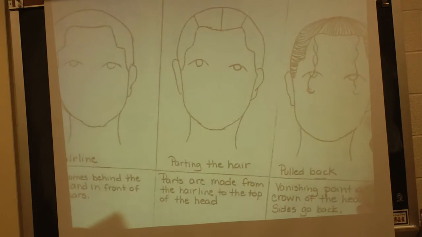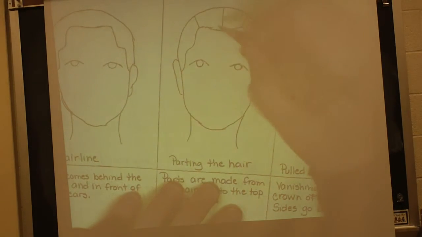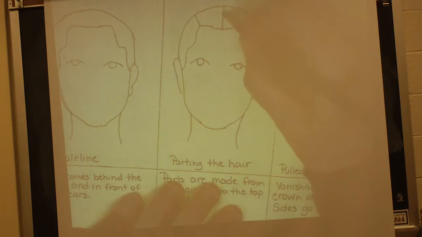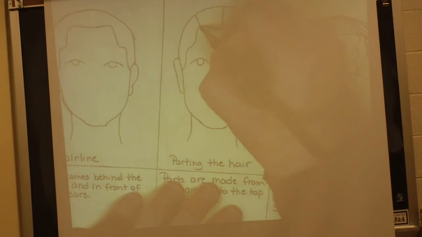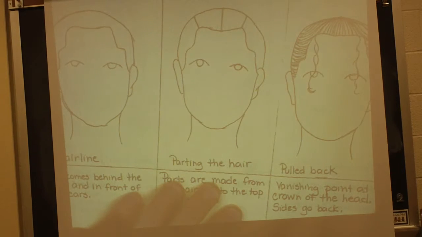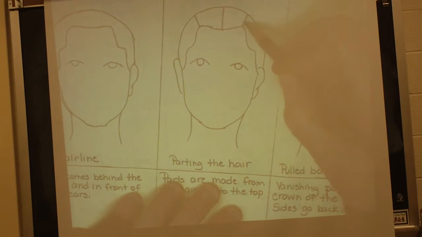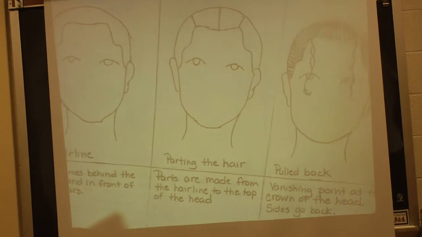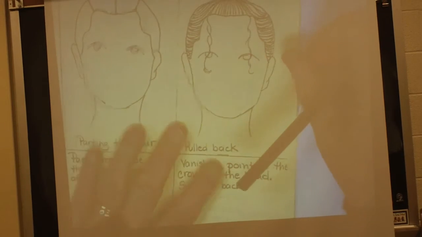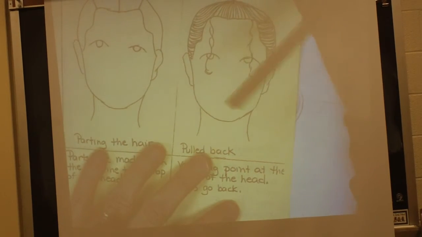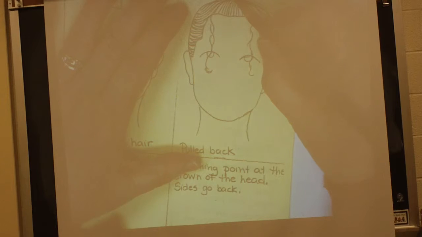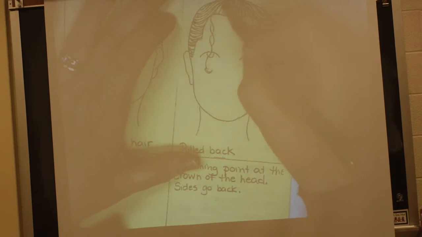If you want to part your hair, a middle part is just a straight up and down line. Here's a right part, and here's a left part. And they slant a little bit. If your hair's pulled back in a ponytail, it's like a vanishing point right here that comes to where your forehead is, but then when it gets over here, it just sort of curves around.